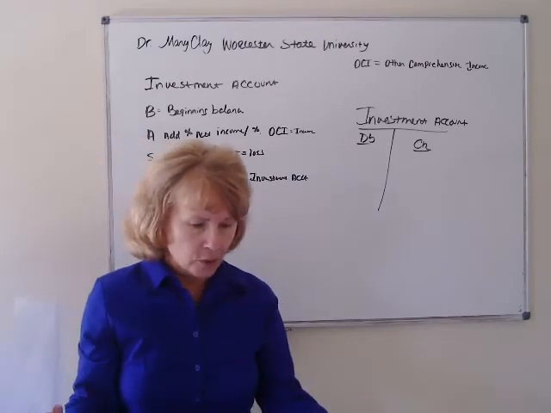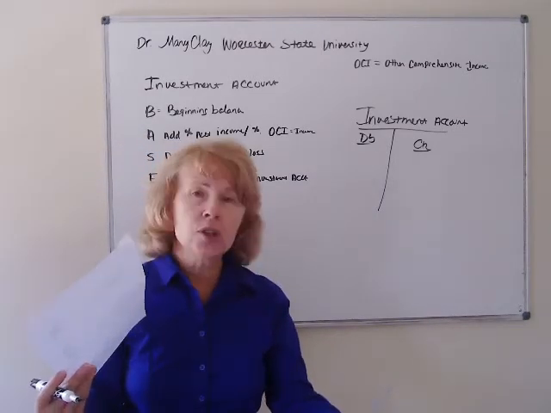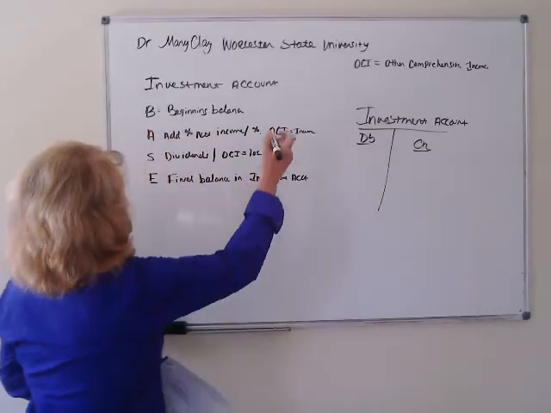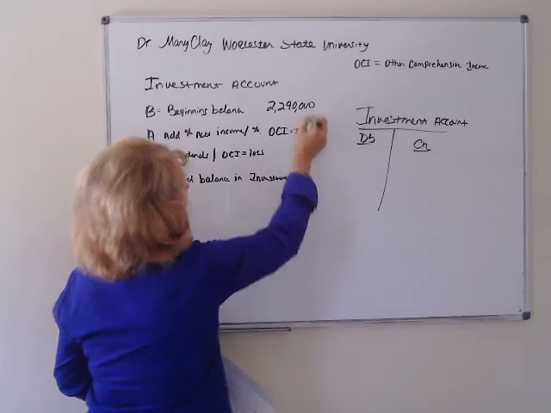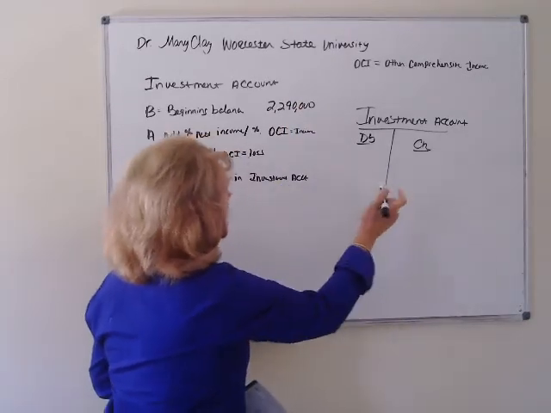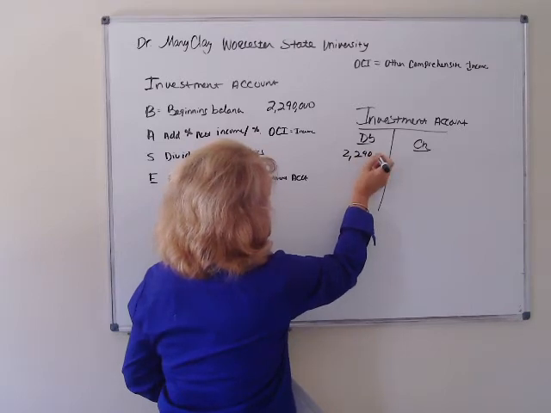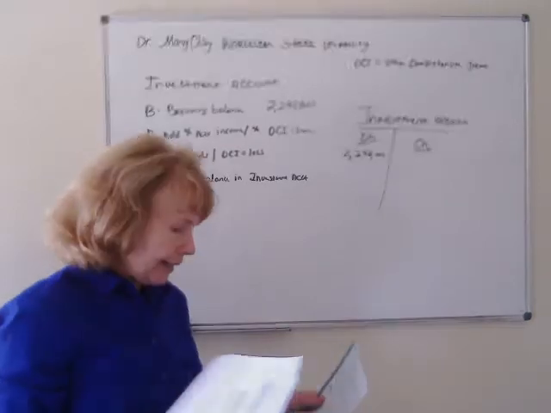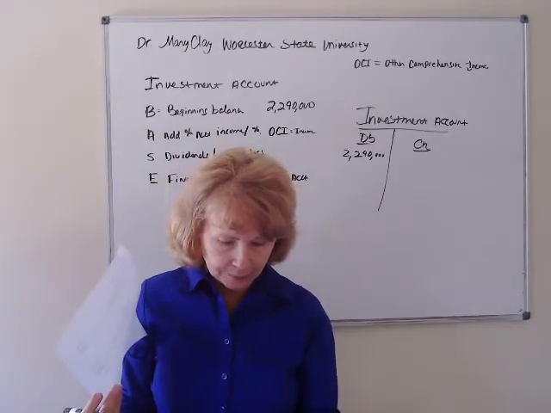and then that will finally give you your final balance. All right, so in this problem, it tells you that they purchased this investment for $2,290,000. Okay, that's your beginning balance, $2,290,000. If you want to do a T account, that would be your debit, $2,290,000. Okay, next, we're going to add any net income or if they had other comprehensive income.